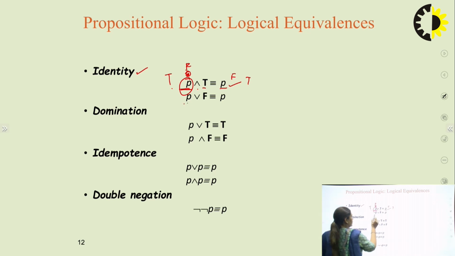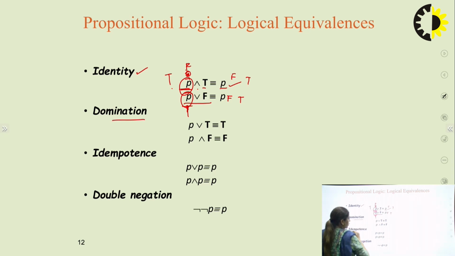Similarly in OR, whatever the value is, it is P. Because if we are ORing with false, then the other input is the output. If P is false, false or false is false. If P is true, then true or false is true. Because in the OR case, at least one input should be high, therefore true.